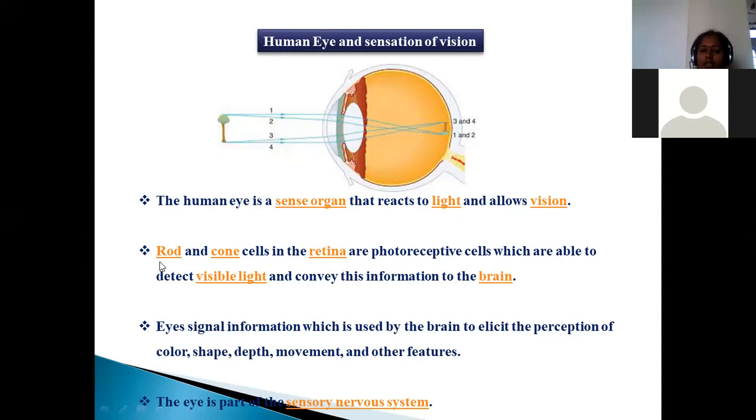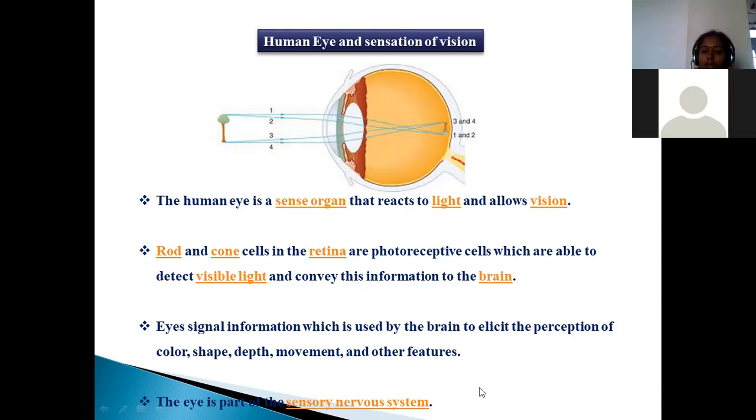They are present in the retina and work like photoreceptive cells, drawing the visible light. Whatever information we get is sent to the brain through the optic nerve, which receives the signal.